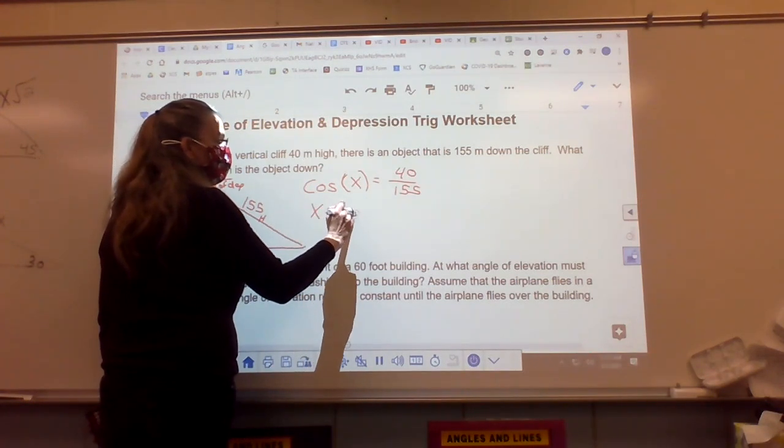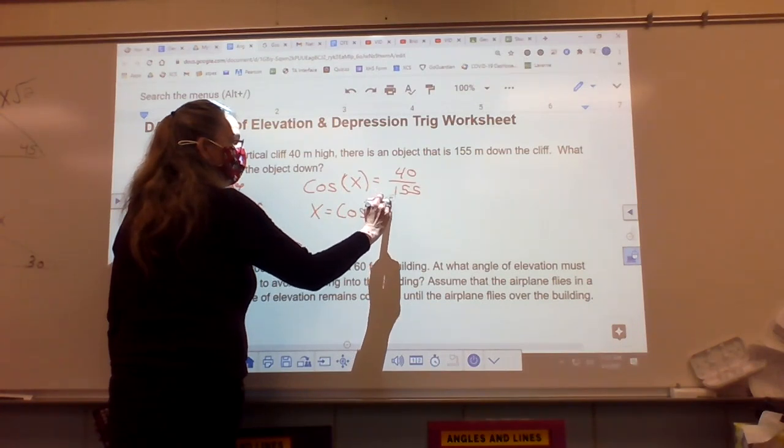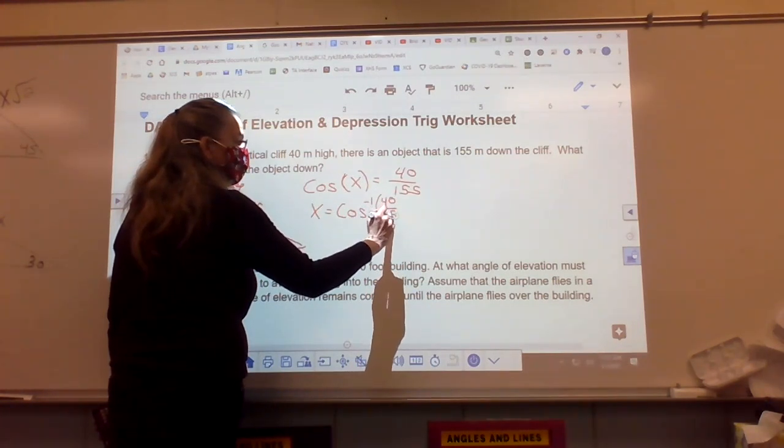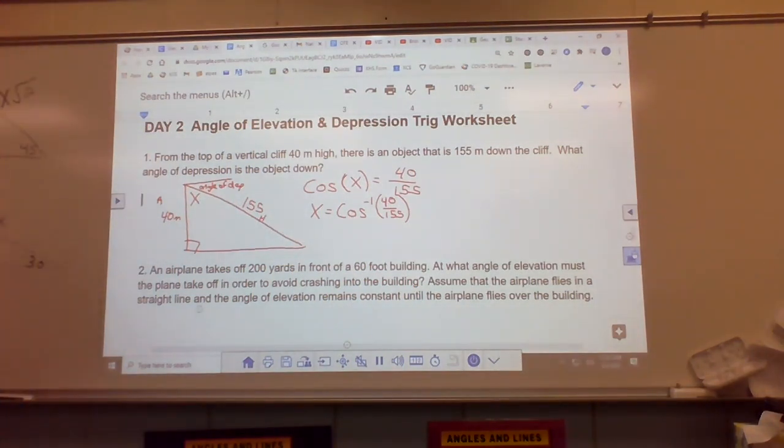You got to do the inverse cosine of whatever the fraction is. So make sure you do the inverse. So second cosine, or if you're using Desmos, just type the button. You get 40 divided by 155, and I get 75 degrees.